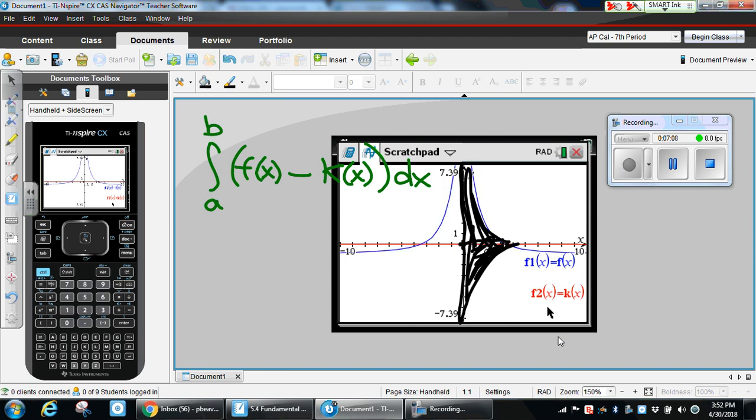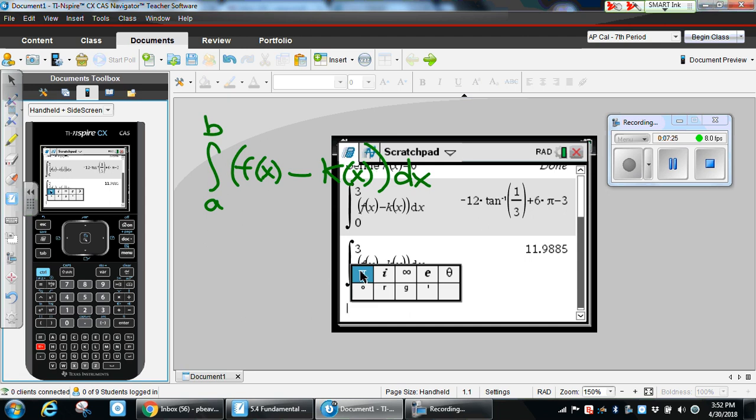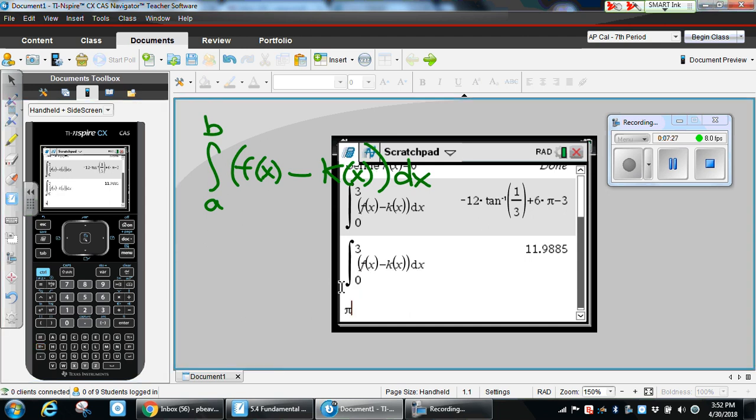And for that one, it will be formula 61. So it will be, okay, where's pi? Here, I found it. Pi.